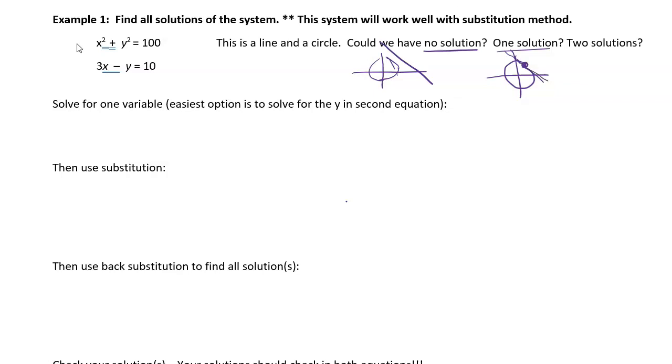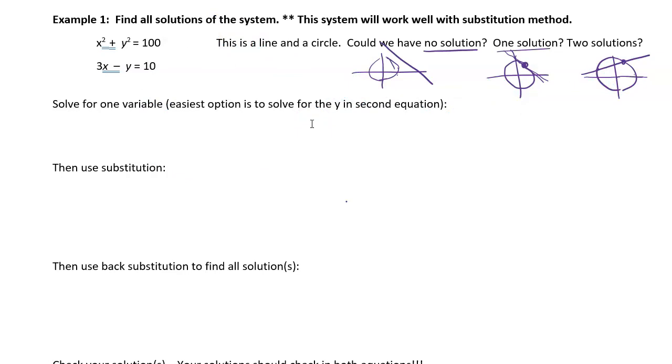Sorry, my stylus is jumping around on me a lot here today. So two solutions would be what we looked at up there, where you have the line going through. The algebra could turn out a lot of different ways here, so you just have to be ready for whatever the algebra is telling you.